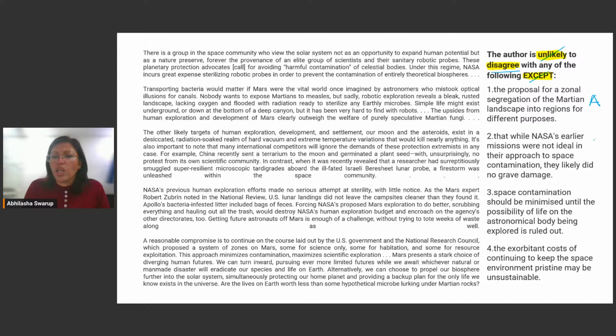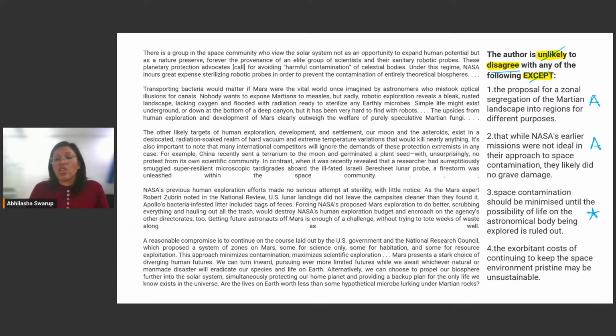So the author will agree with this also. Okay. Space contamination should be minimized until the possibility of life on the astronomical body being explored is ruled out. Now, he has not said anything like that you first clean up that planet and then minimize. First you clean up the planet, worry about whether there is life or not, and then do it. He did not say that, so I'll put a star on this.